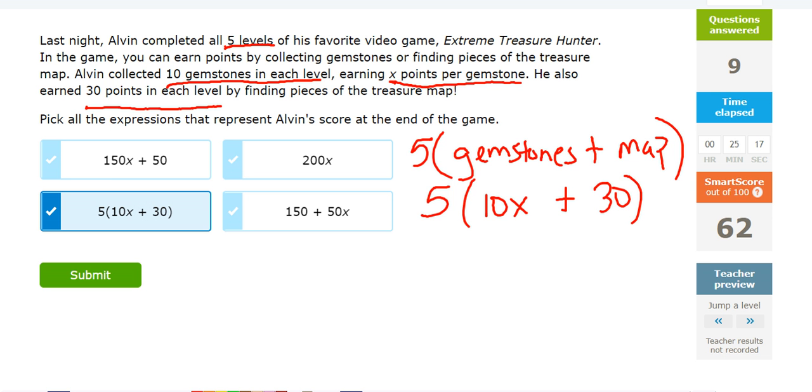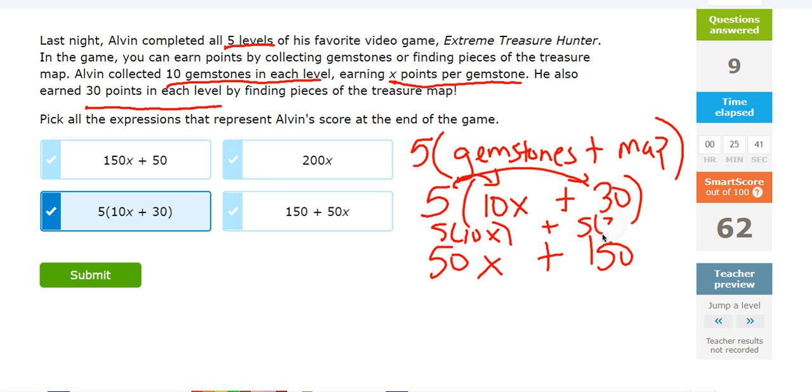Then from there, we'll ask whether any of these other ones can be equivalent to it. It appears so, because if you use the distributive property, 5 times 10x plus 5 times 30 is going to be 50x plus 150.